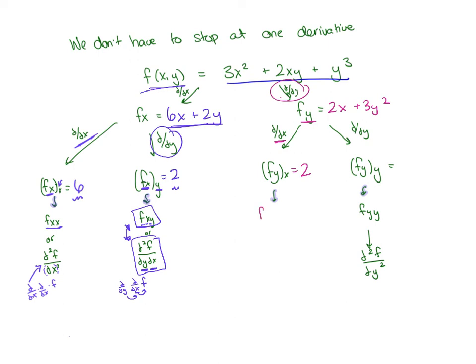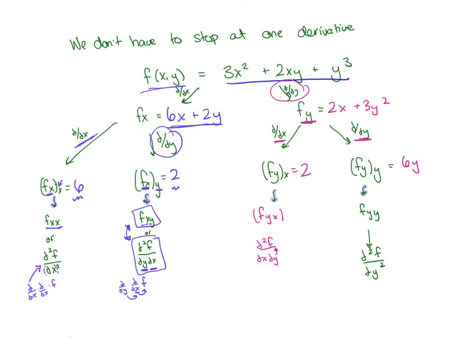So that's f y x, or d squared f dx dy, because the first thing that goes onto the f is the y and then the x. And finally, we could take the partial with respect to y, take its partial with respect to y, and get 6y.